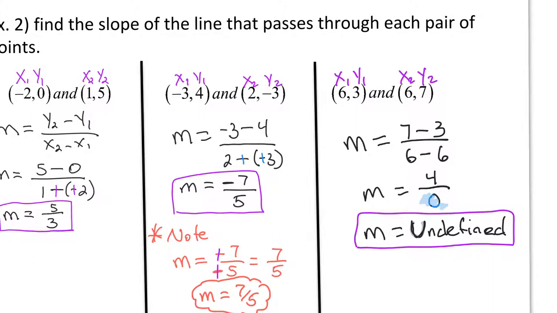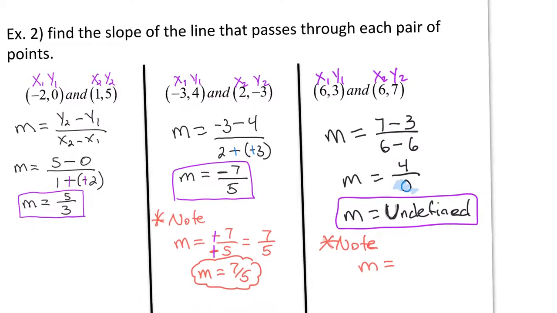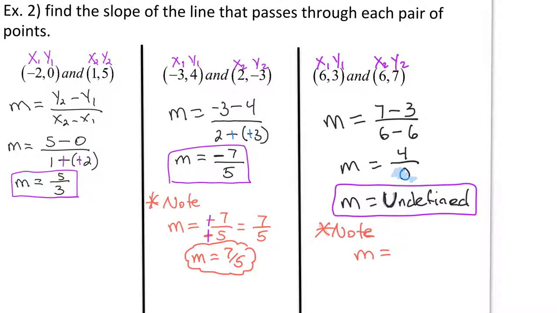Now here's a very important note. One more time. Here's the note, okay? Let's say you get a fraction m equals, and the top number, just an example, is a 0, and on the bottom, you get a number. Doesn't matter if it's negative or positive. But if the 0 is on the top of the fraction, your slope is going to be 0.